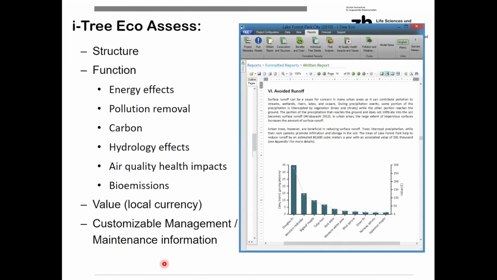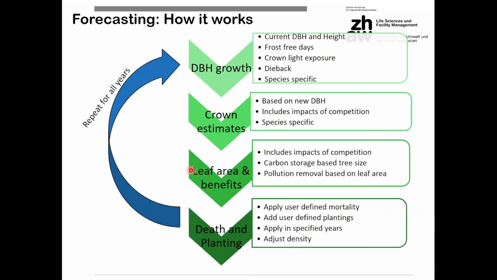And of course, you are able to do customizable management and maintenance information with the program. You can do forecasting as well, depending on DBH and height of the tree, and of course the current climate at this location, combined with crown light exposure, dieback, and species.